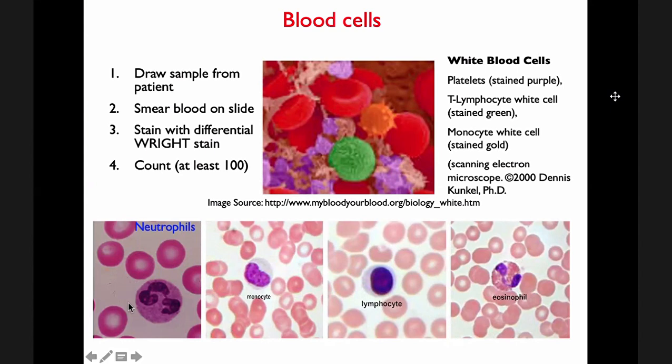Okay, to detect whether you have neutrophilia, whether you have more monocytes, whether you have more lymphocytes, or whether you have allergic responses because you find more eosinophils in your blood.